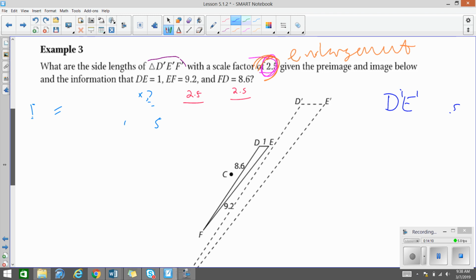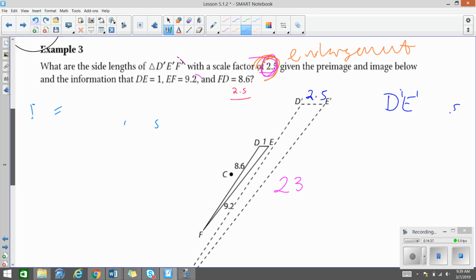So clearly DE is 2.5. D prime, E prime. Now, E prime, F prime, once you multiply 9.2 times 2.5, you should get 23. So E prime, F prime should be 23. Of course that erased.